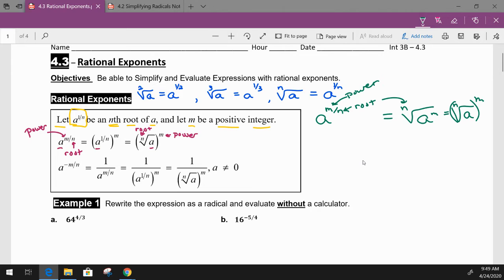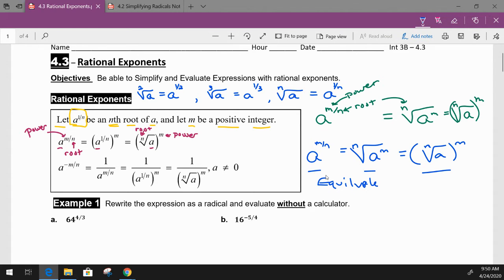So again, just to reiterate, a to the m over n equals the nth root of a to the m power, which is equal to the nth root of a to the m power. So all three of these are the same. These are equivalent expressions.